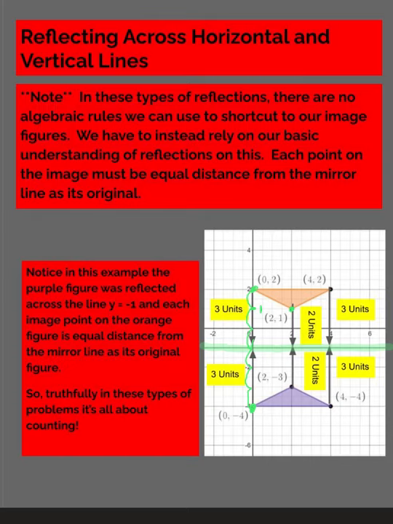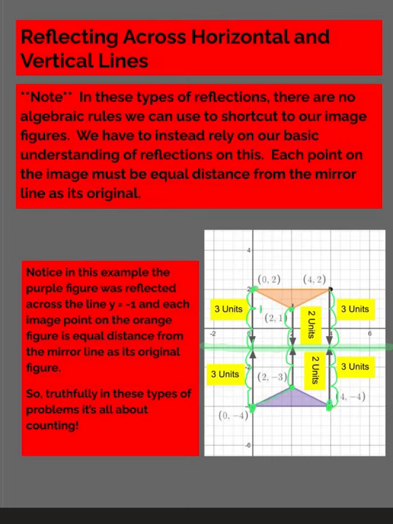So here's this original point, count how far. So every 2 spaces on this particular graph counts as 1. So that's 2 places to the line of reflection. So I'm going to count 1, 2 places, and that gets me my new point. And the last one, 1, 2, 3 places.